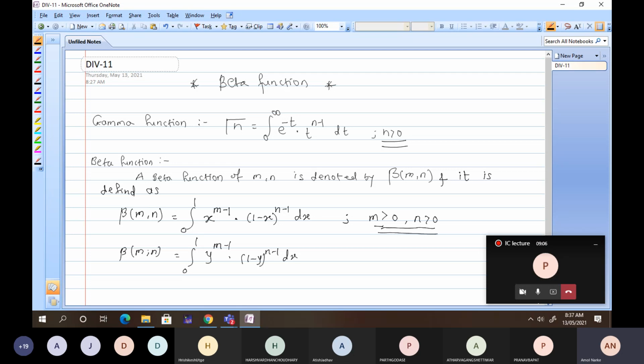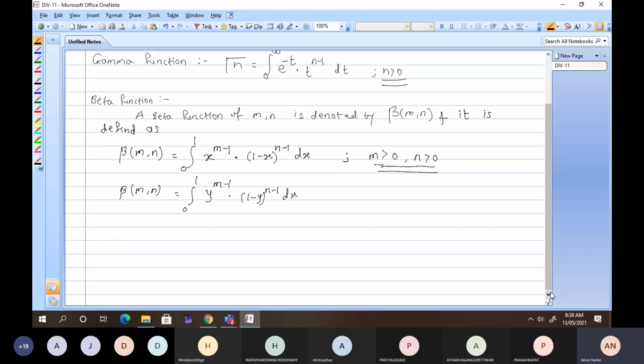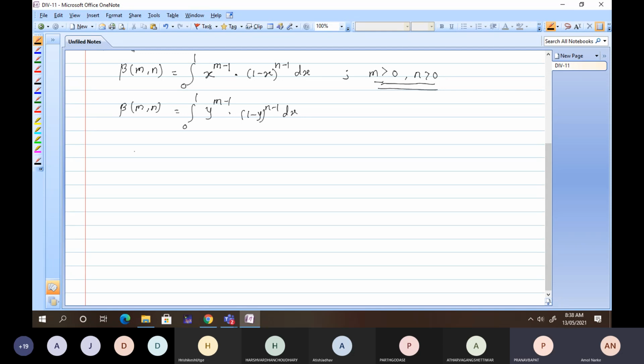We are interested in m and n, which are the powers of y and 1 minus y plus 1. So if you have any variable, suppose x, y, z, anything, the second variable must be 1 minus that variable, and its power is what gives the beta function. I hope everyone understands that. Yes or no?